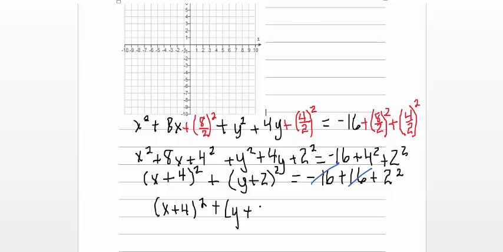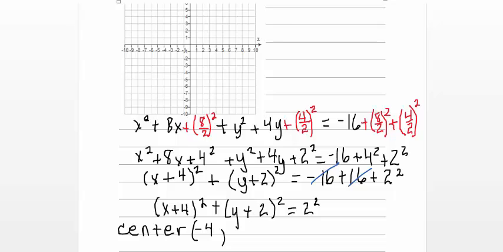I can see that the center of the circle is... the x-coordinate of this center is found by replacing x with the value that makes what's inside of this parenthesis go to 0. So the x-coordinate of the center is negative 4.